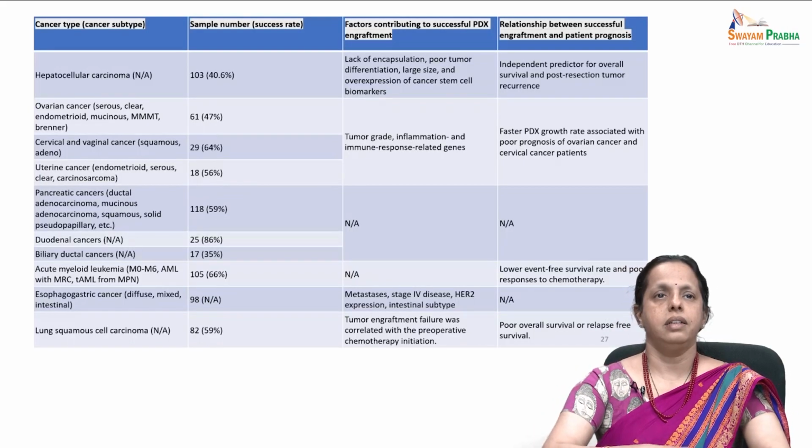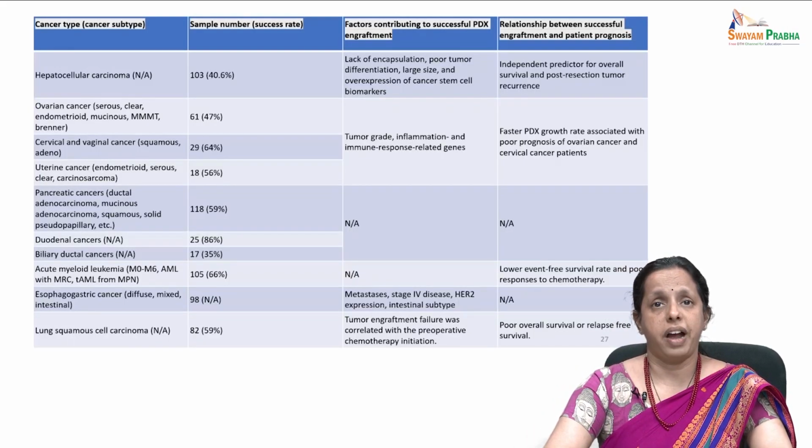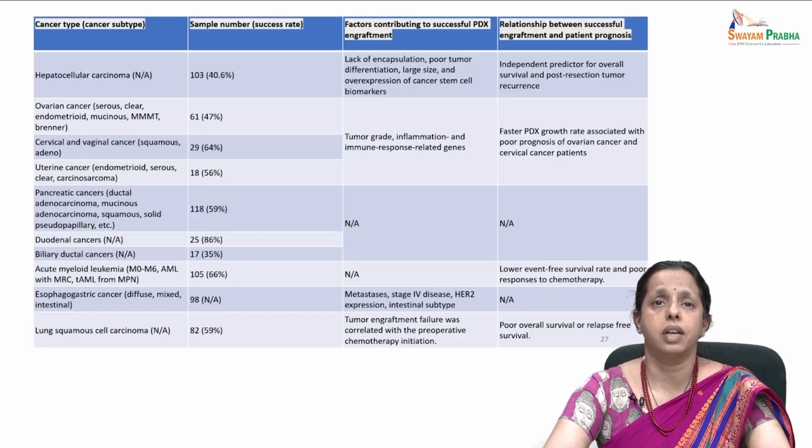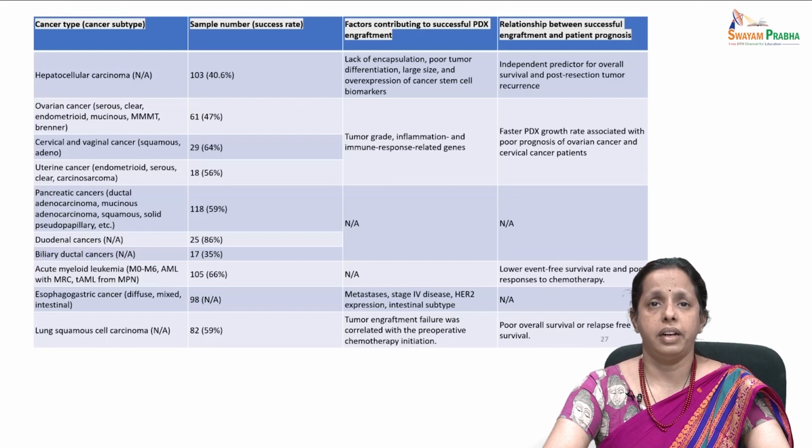This particular slide gives the factors contributing to the success of PDX engraftment among the different cancer types. For example, in hepatocellular carcinoma, because of the lack of encapsulation, the poor tumor differentiation and overexpression of cancer stem cell markers, the PDX are successfully able to implant.